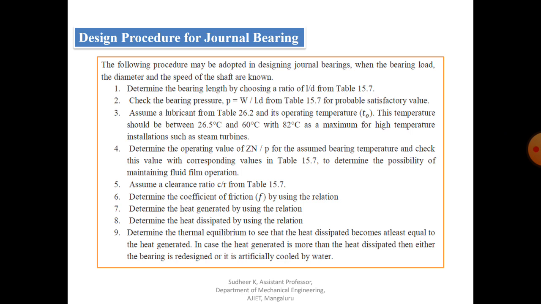So how to design a journal bearing, then how to find out the coefficient of friction, all the design procedure, that we will discuss. You know, in one problem all the variables are not needed, because all the problems are similar here. They will ask only certain steps. There is no need of finding everything.